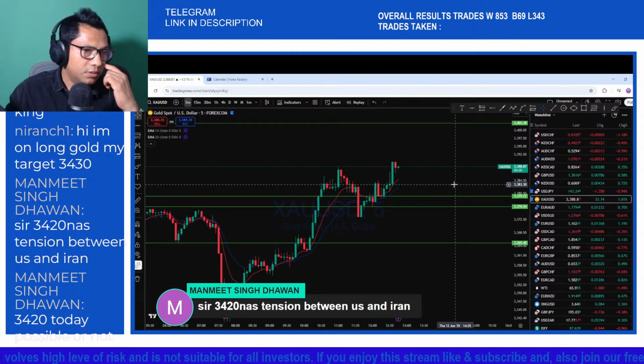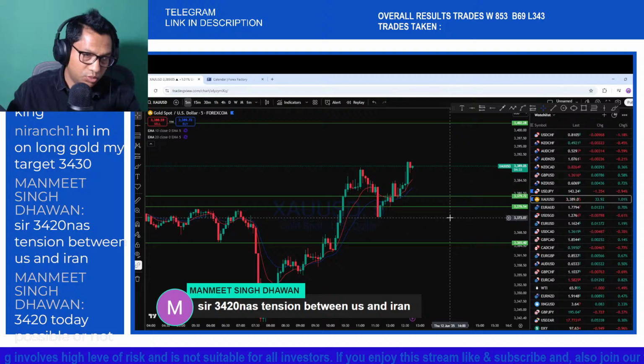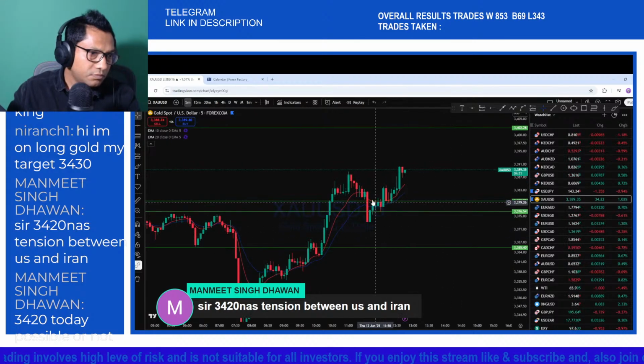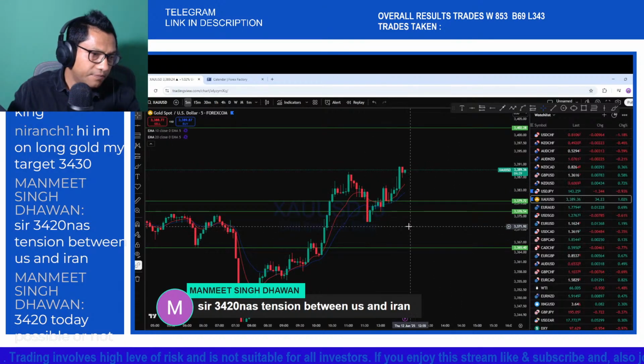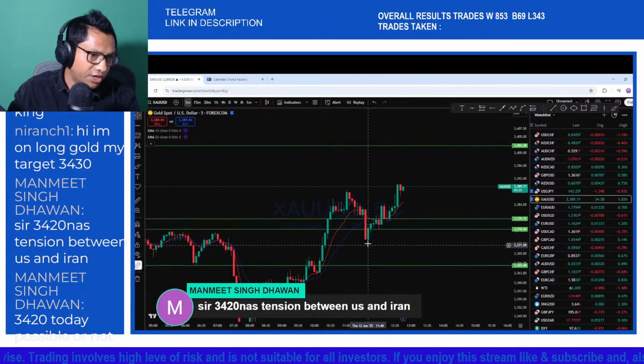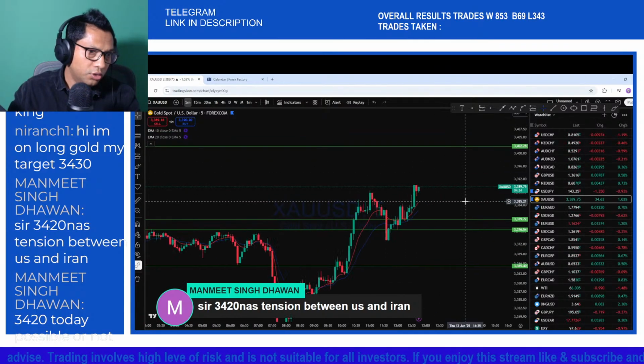So that kind of price action is what we are looking at, and we can see one more breakdown here, again opposite to the direction of the trend, and the market returned back again.